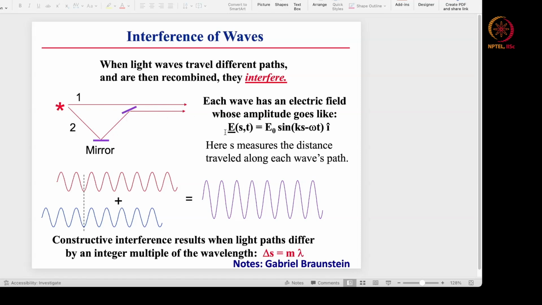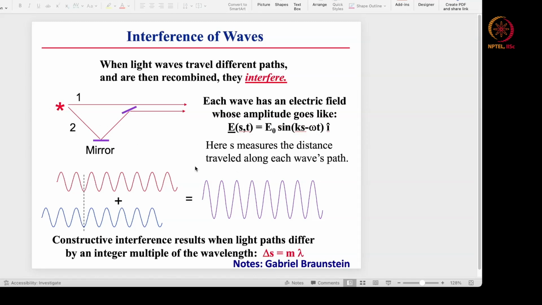If each wave has an electric field whose amplitude goes as E equals E naught times the sine term, with the unit vector, then S measures the distance traveled along each wave's path.